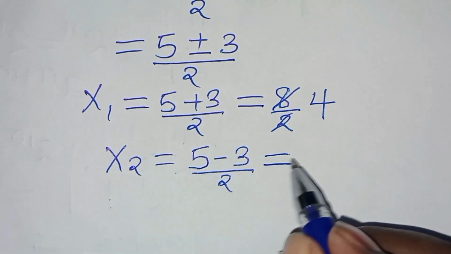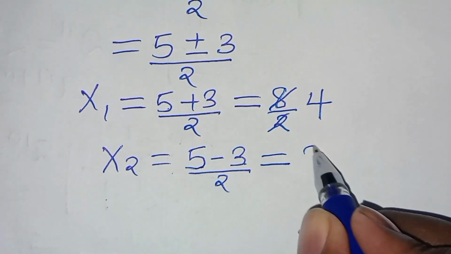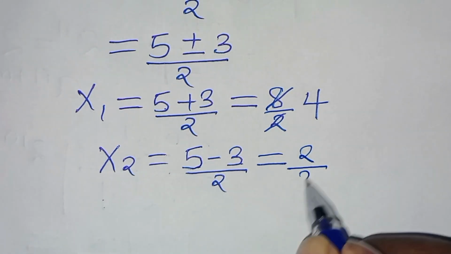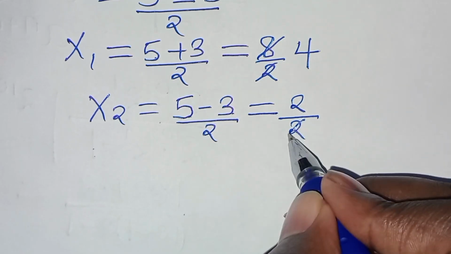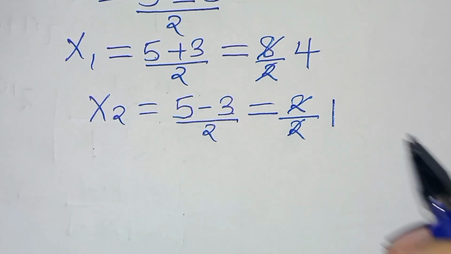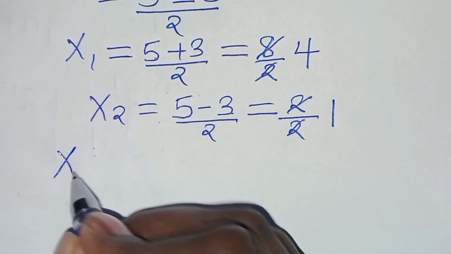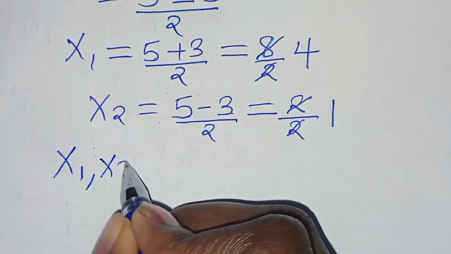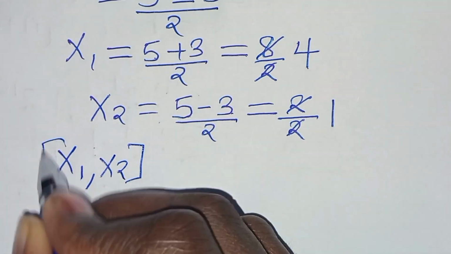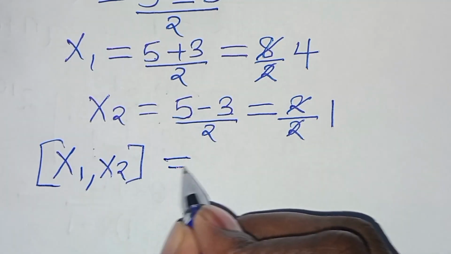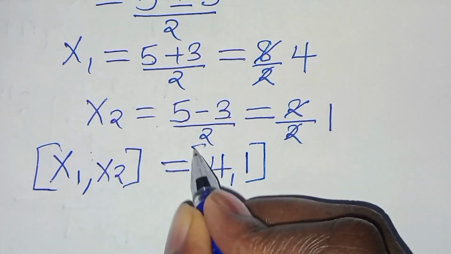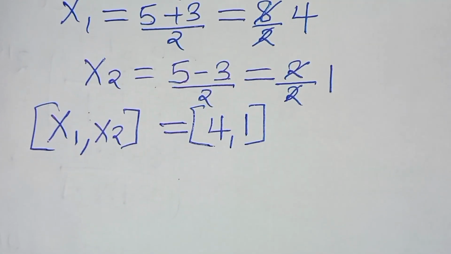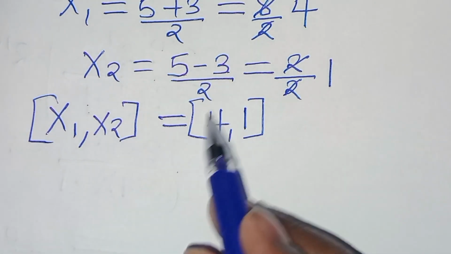So 5 minus 3 is equal to 2, divided by 2, which is equal to 1. So x1, x2 is equal to 4 and 1. These are the two values of x that we have.